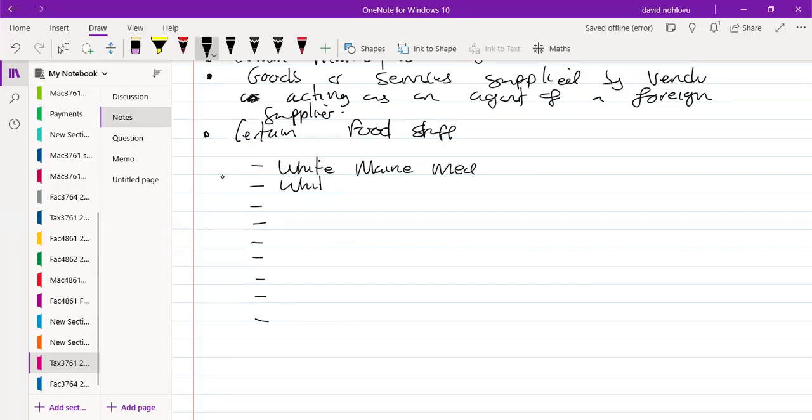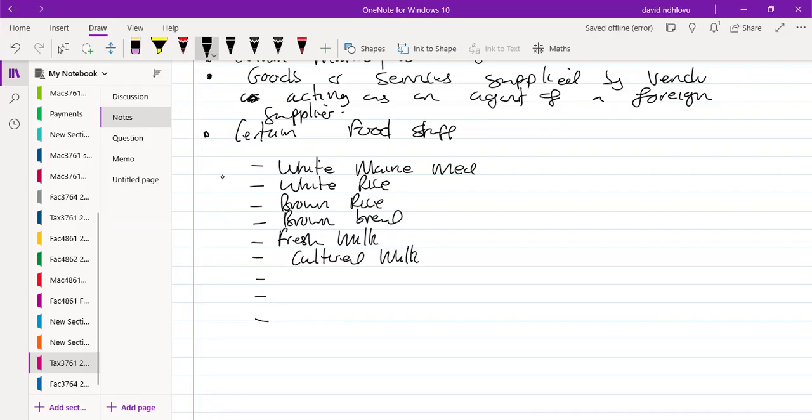White rice. Brown rice. Brown bread. Right. Milk, fresh milk. Cultured milk. Condensed milk.